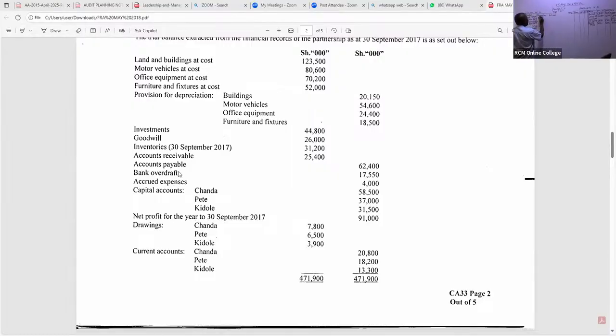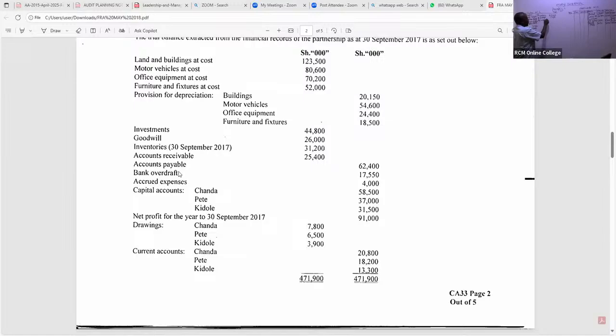It's a current liability. So bank overdraft, I can see a figure of 17,550. And then now, my good students, I can see accrued expenses. Those are current liabilities.